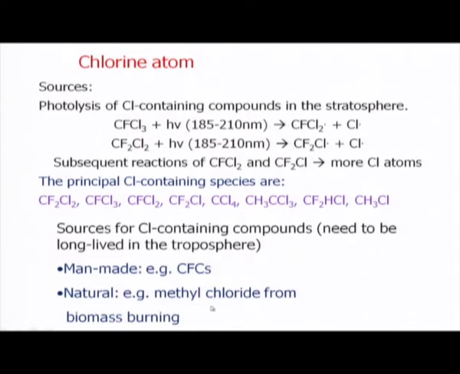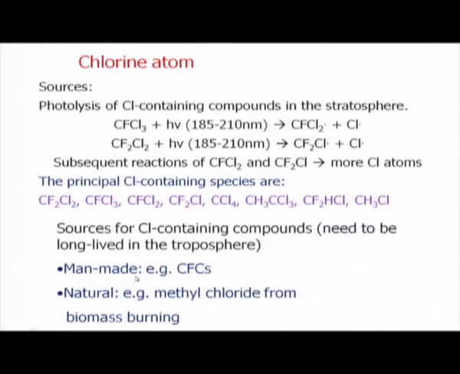So, mainly all the CFC compounds are due to human activity. We use these compounds, as I told you, for cooling purpose, refrigeration, all those things, that slowly escape into the atmosphere or troposphere, and then ultimately reach where they react, generate chlorine radical and react with the ozone, destroying it. Also naturally there is a possibility of methyl chloride from biomass burning, that also brings out this depletion of ozone.